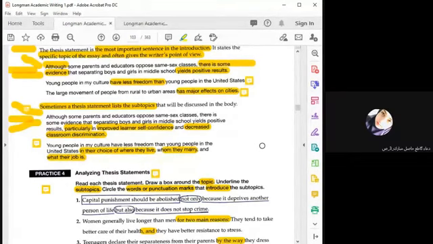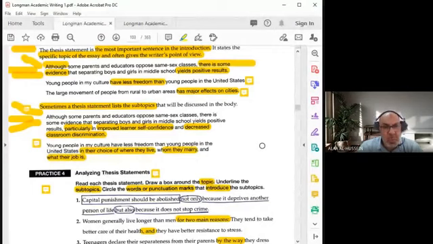Okay. My question was, here we have 2 samples for 2 thesis statements. The first one is shorter than the second. The first one works as a good thesis statement, as a good thesis sentence. The second one is better for writers and better for readers. Why?